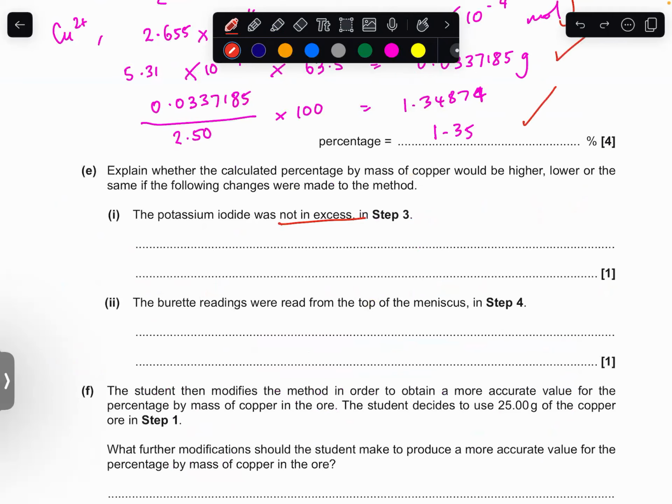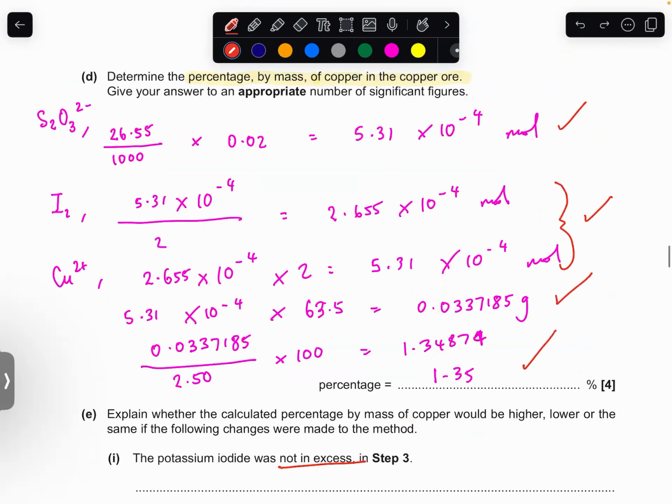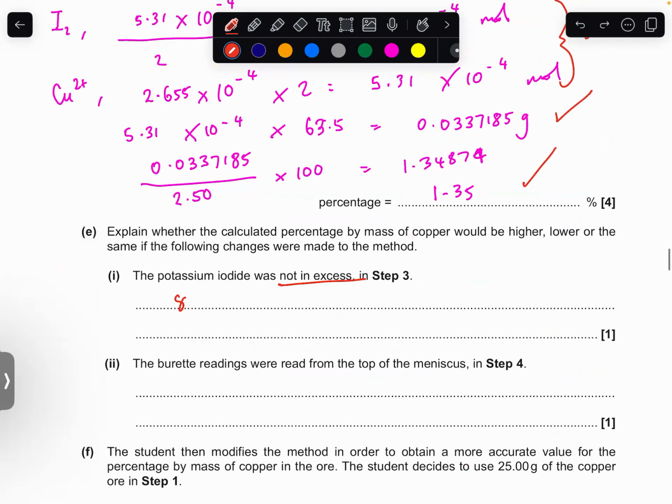And so if this value is smaller, that will be smaller, that will be smaller. It's all going to give you a smaller percentage by mass. Why is that?